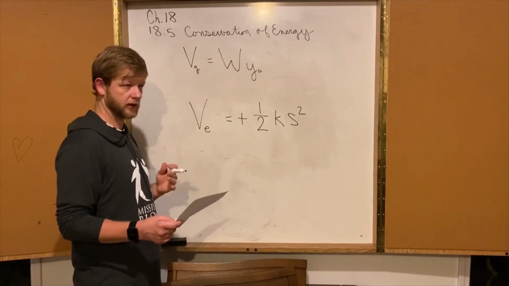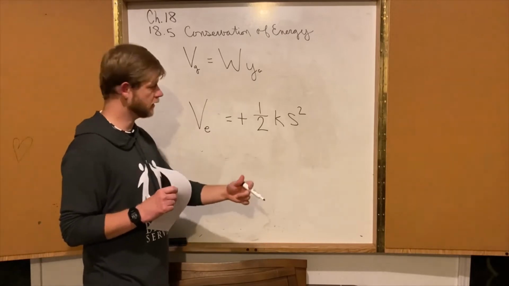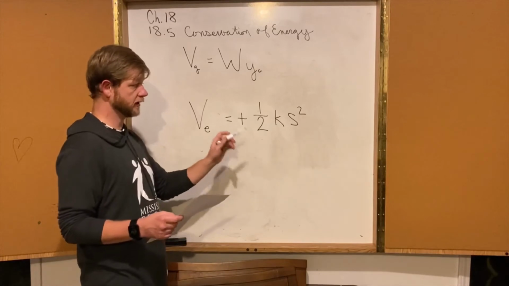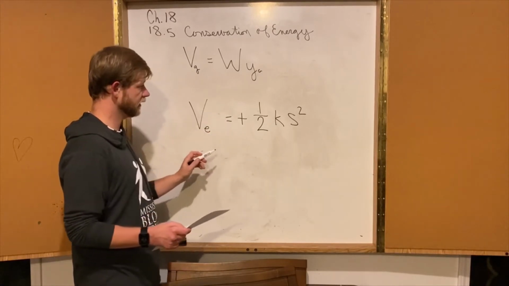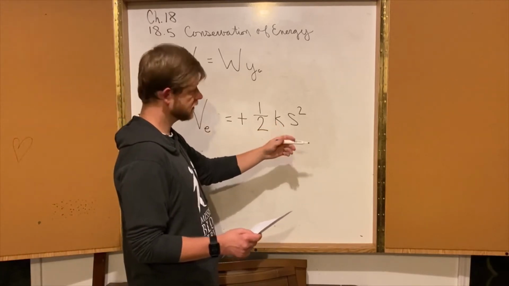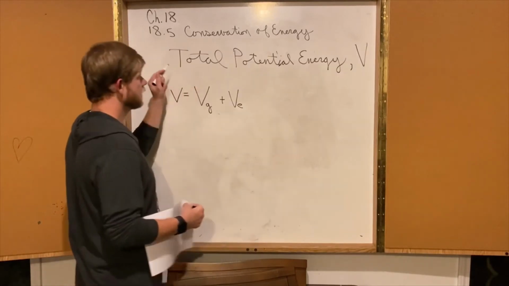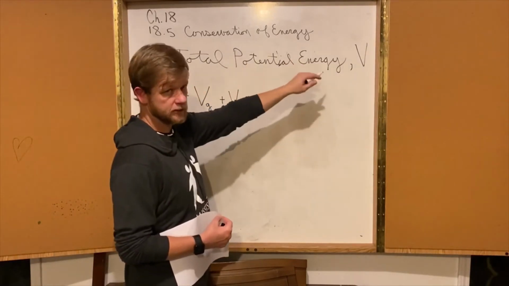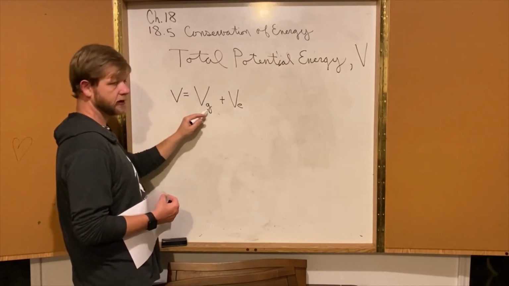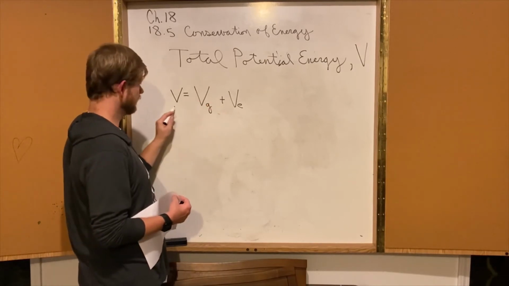If you push that spring in, it has a force to push out, so the potential is built there. It's positive, not negative like the force. The force is negative, ks. But here, the potential energy is positive, 1/2 the spring constant times the distance squared. So those are our two forms of potential energy. The total potential energy, V, equals the gravitational potential energy plus any elastic potential energy.